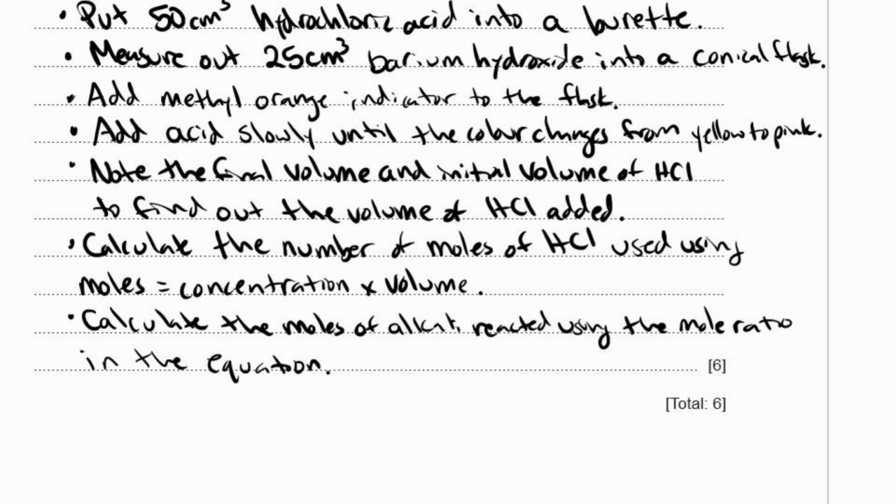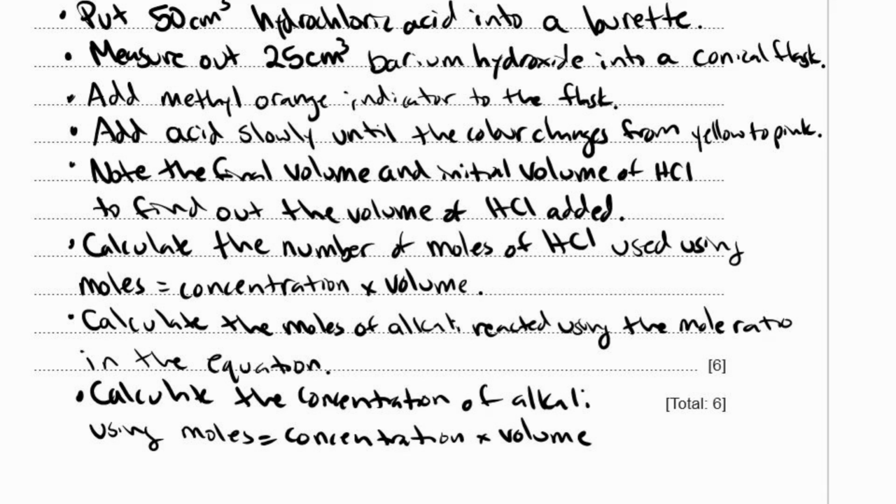Then at the end, what you're trying to find is the concentration of the alkali, so you can calculate it using moles equals concentration times volume. And remember, you know the volume of the alkali because you measured out 25 centimeters cubed of barium hydroxide at the beginning. You know the moles because you just calculated them from the number of moles of hydrochloric acid and the mole ratio. And then you can figure out the concentration.